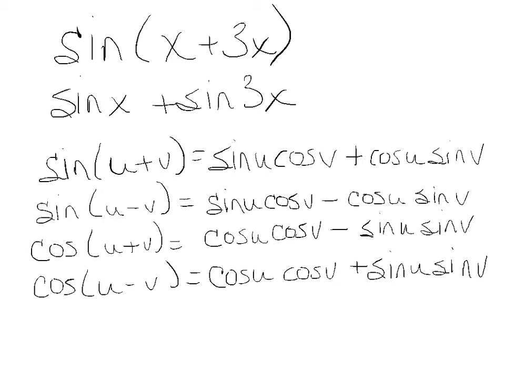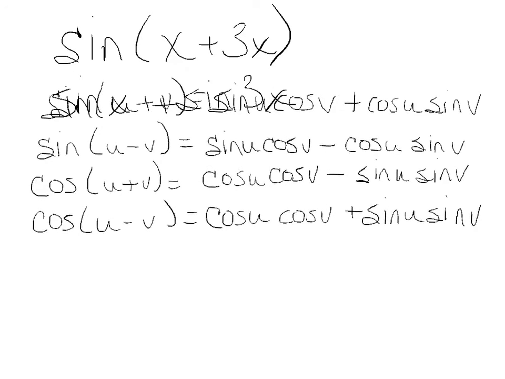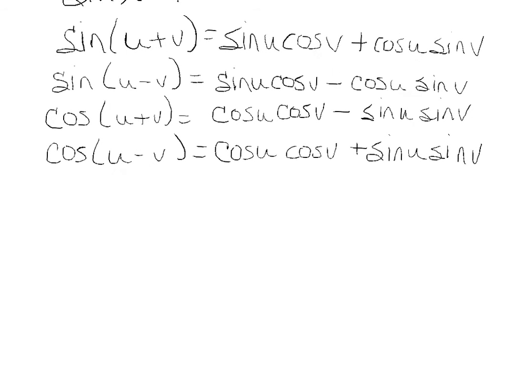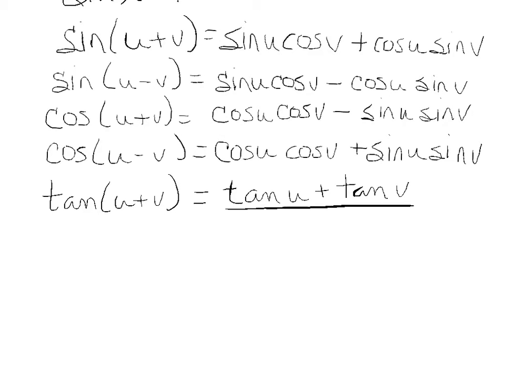All right? And then tangent, let me move this up just a little bit. For the tangent of u plus v, that formula is the tangent of u plus the tangent of v over 1 minus the tangent of u times the tangent of v.